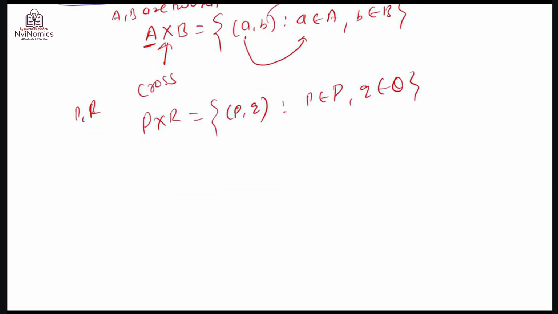Any doubt in understanding what Cartesian product is? And it will be read as P cross Q.